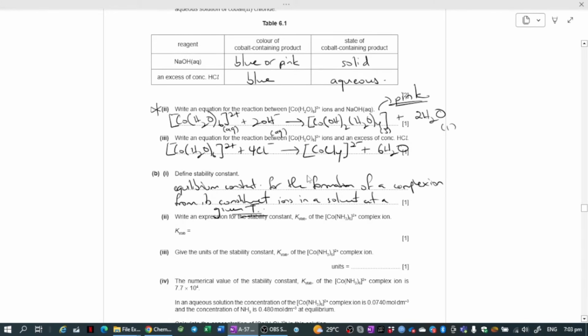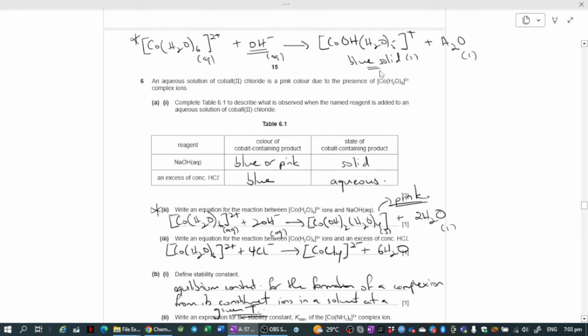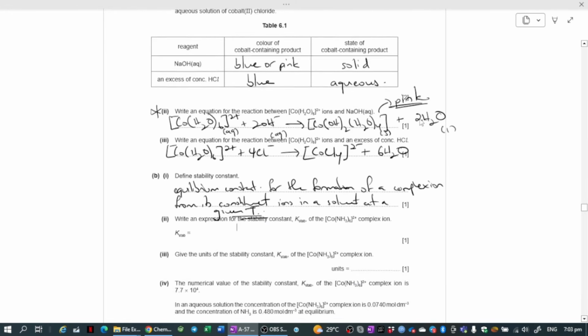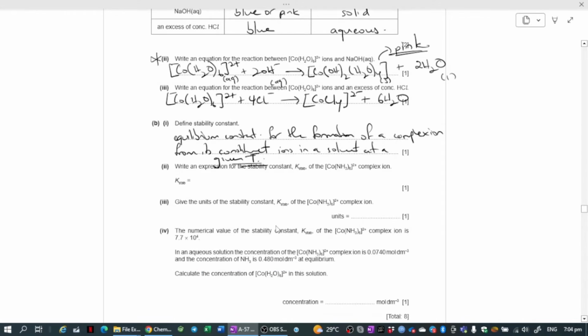Good. Then they ask us to write an expression for the stability constant of this hexaammine cobalt(II) complex, right? Now, how is this complex formed? This complex, as we could see, is formed from taking [Co(H2O)6]2+ reacting it with 6 molecules of ammonia to give this complex plus 6 molecules of water.